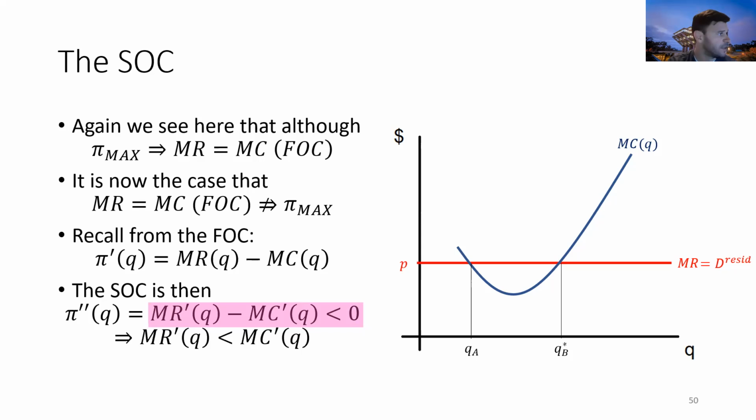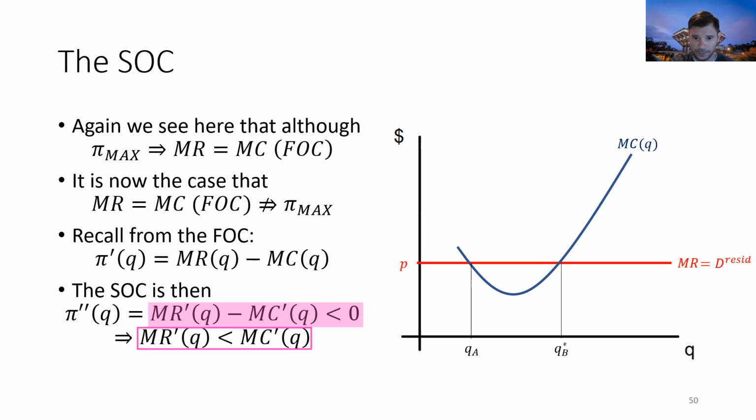And this tells us that we will satisfy the second order condition as long as the slope of the marginal revenue curve is less than the slope of the marginal cost curve.